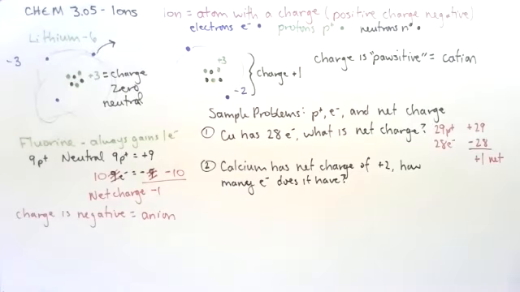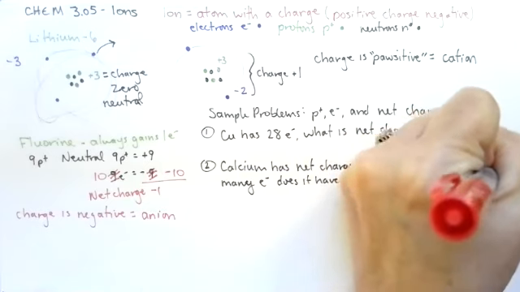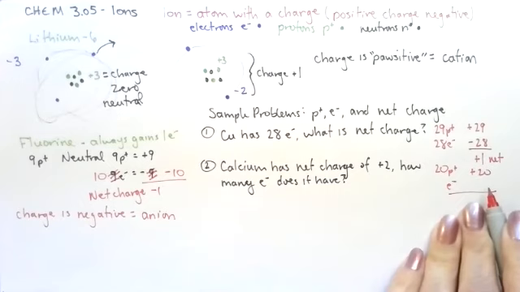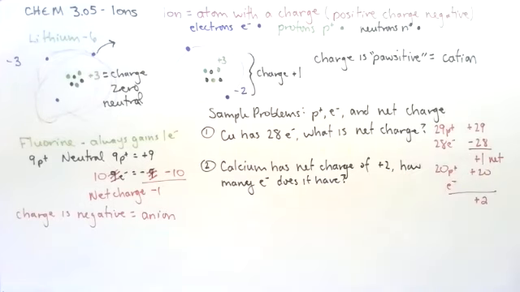Okay, so if I look at calcium, I actually have to grab my periodic table here, it has 20 protons. So it's going to have a plus 20 charge. In this case, I don't know how many electrons I have, but I know it's got a plus 2 charge. So what I have to do is think, okay, what negative number added to 20 is going to give me plus 2?